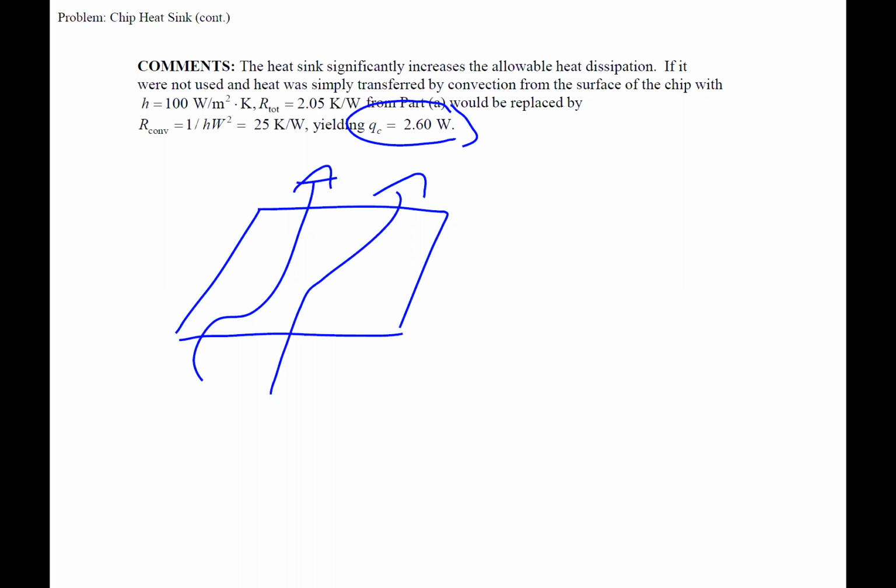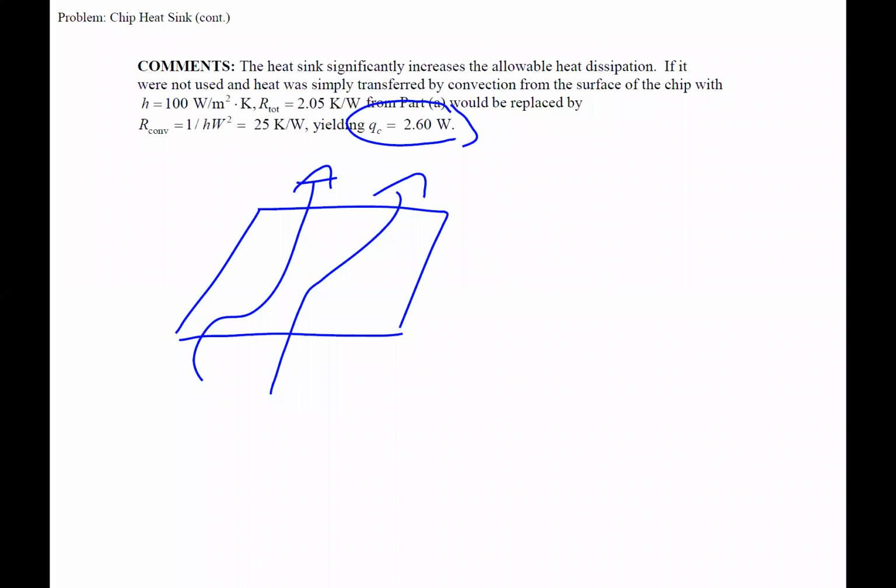So we see an order of magnitude lower, right? 31 to 2, so about 15 times lower, that our chip can only be at that power versus the other one. Otherwise, it's going to get too hot and short out, and burn up. Okay, so you see the impact that a fin array has.